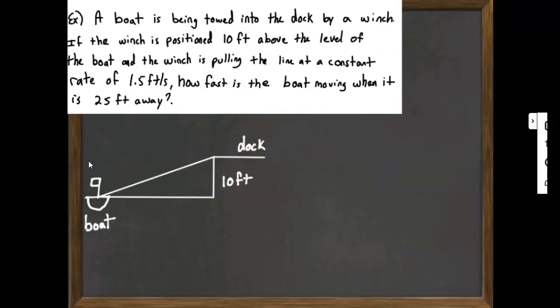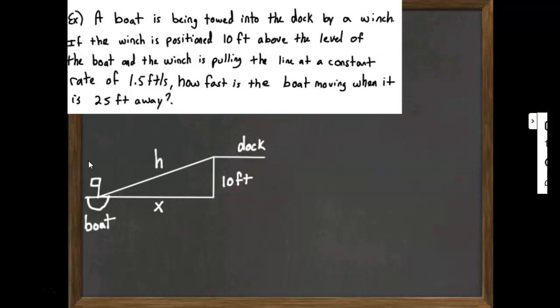Let's think first of all about quantities that can change. First of all, the distance between the boat and the dock can change, so let's call that x. Now the winch is always 10 feet above the boat level, so that's not ever going to change.